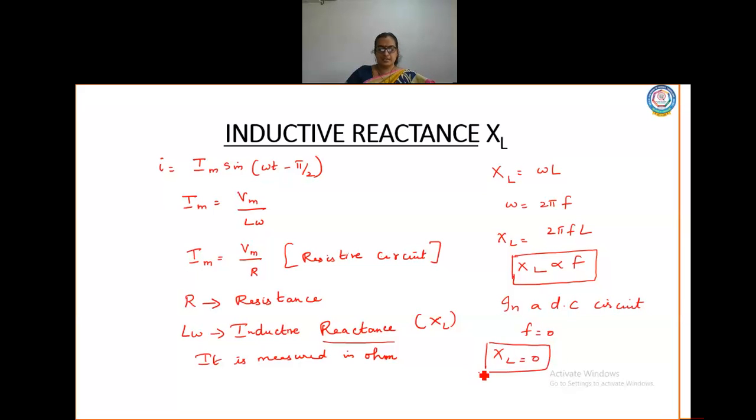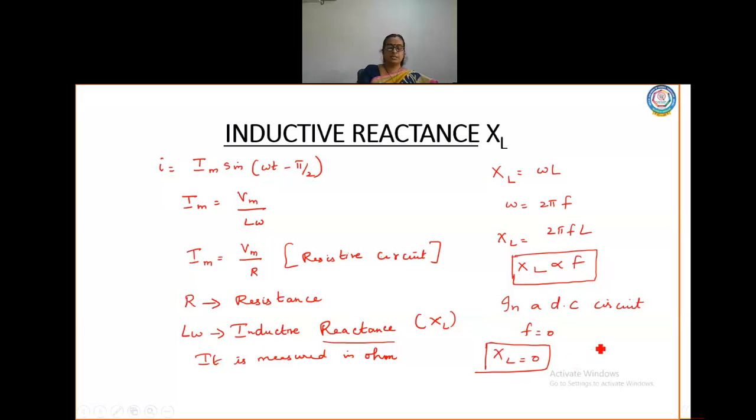So XL offers no resistance to DC current, which means an inductor allows DC to pass through it. In an ideal inductor, it offers no resistance to steady DC current. This is one more conclusion we learned from this topic.